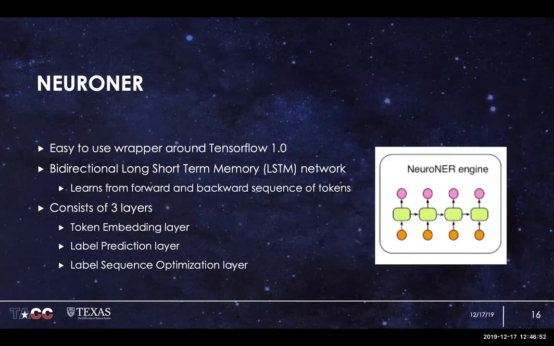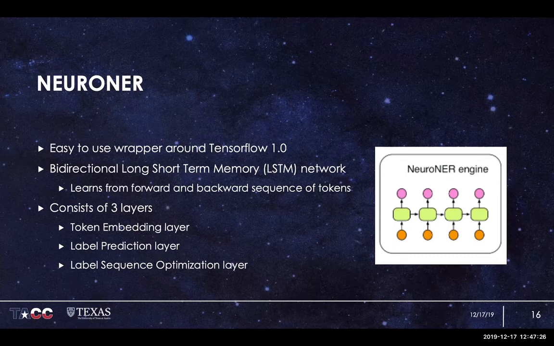Now we come to the NeuroNER tool that we tried to explore for improving entity recognition within Dive. It's written around TensorFlow, so it's kind of an easy-to-use wrapper around TensorFlow, and it implements a bidirectional LSTM network that basically tries to learn from forward and backward sequences of tokens or words from plain text.